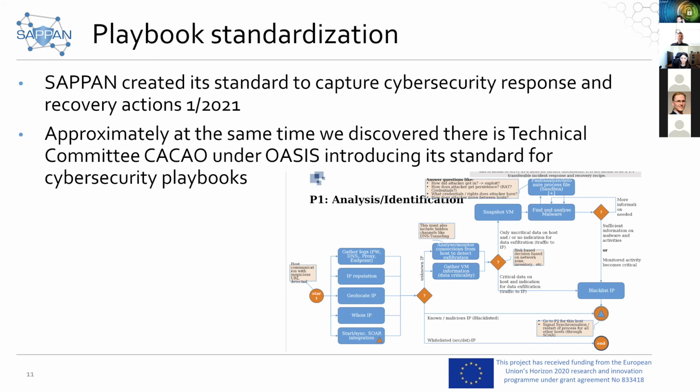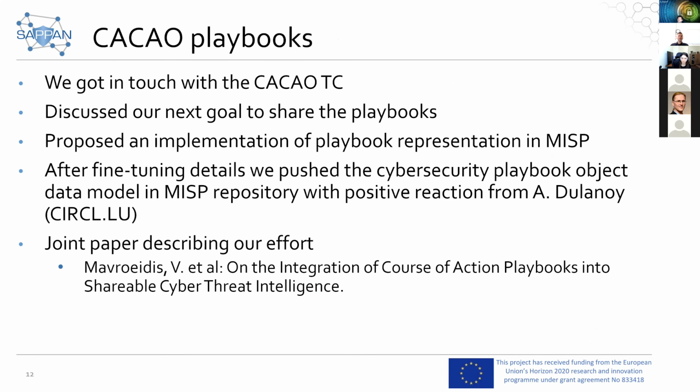So we decided, okay, what can we do? At least we can take this further. So we got in touch with the technical CACAO committee, became a member of OASIS, and discussed our next goals. Those were to make it shareable via MISP in particular.